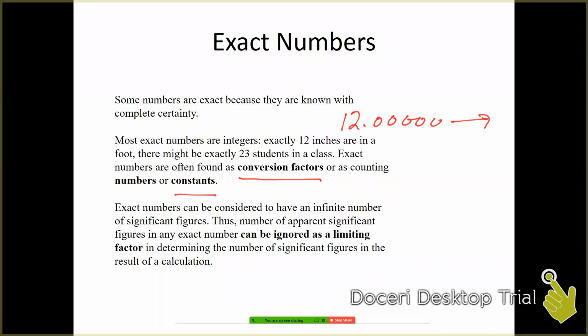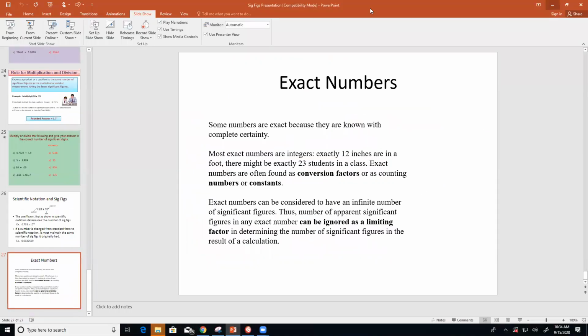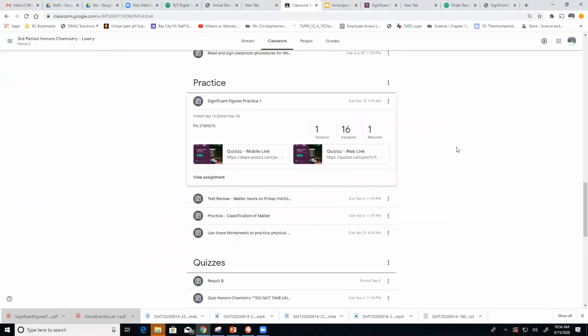All right, so what you're going to do now is, if you will look in your Chromebooks, and if you will look under practice, where it says significant figures, practice 1.